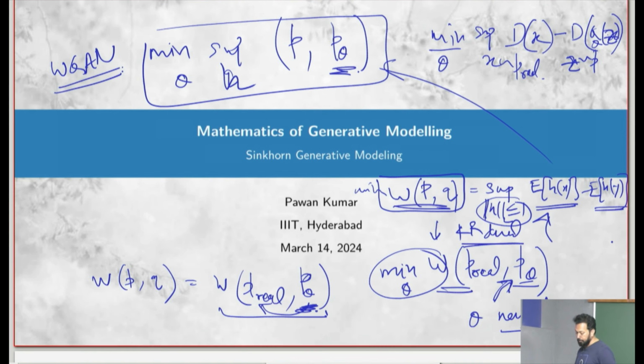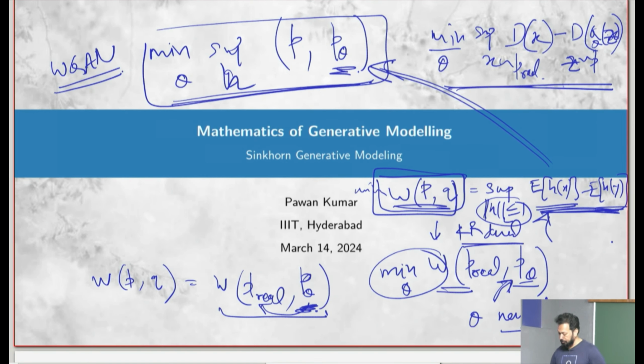It involved going from Wasserstein distance and then using the KR duality. From KR duality we have these min-max formulations, and then the parameterization. So these were 3-4 steps needed to make it useful in practice.